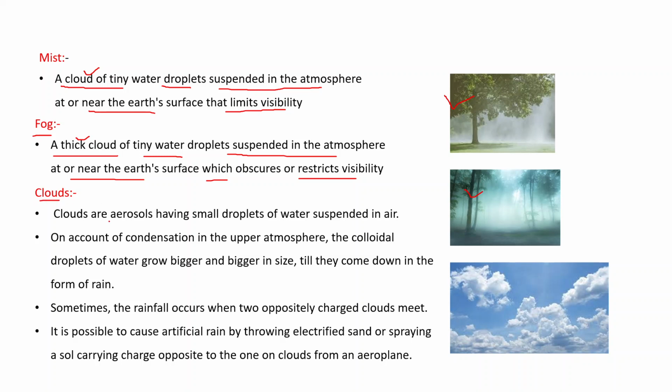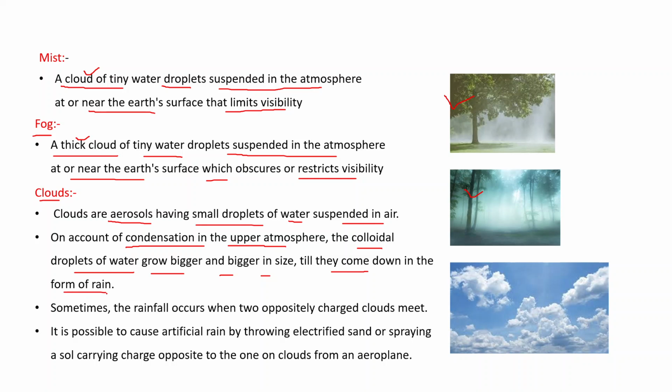Clouds are aerosols having small droplets of water suspended in air. On account of condensation in the upper atmosphere, the colloidal droplets of water grow bigger and bigger in size till they come down in the form of rain.